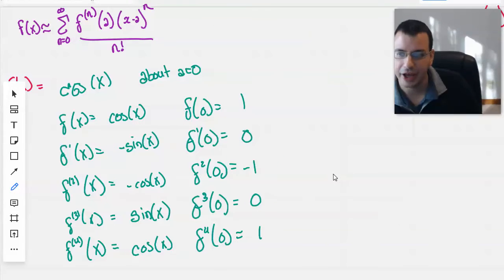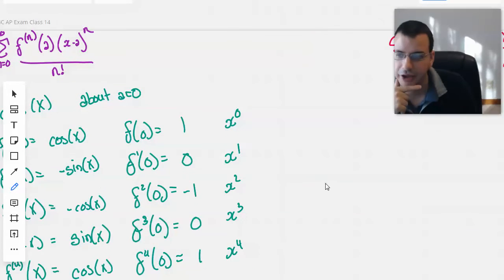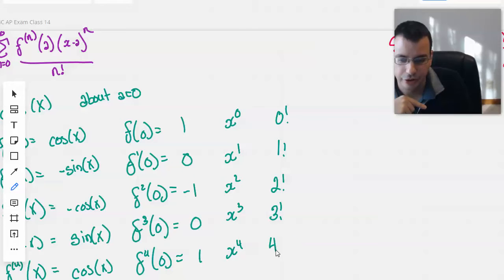And then we have where x equals 0, so I have x to the 0, x to the 1st, x squared, x cubed, x to the 4th. And then for factorials, we'll have 0 factorial, 1 factorial, 2 factorial, 3 factorial, 4 factorial.